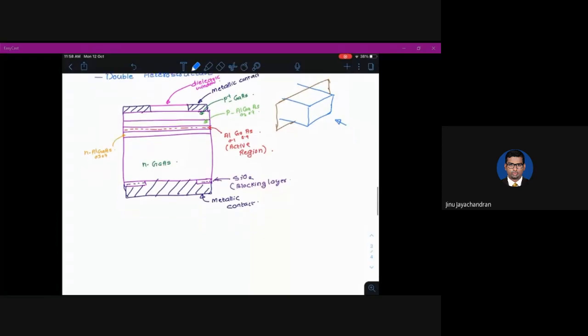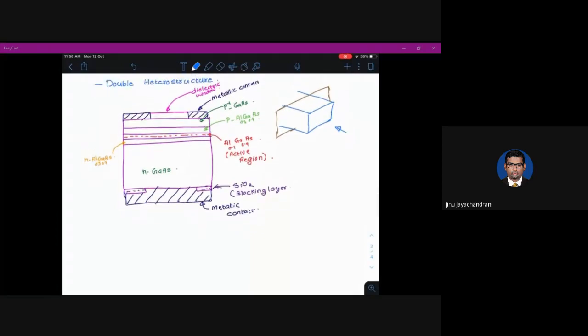Now, the thing to be noted here is the light comes out only through the dielectric window, and all other layers will block it, except maybe at the sides of the active region.